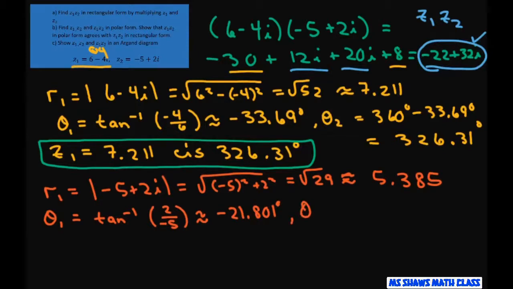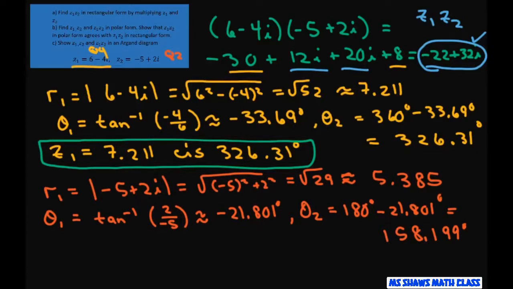Since this is in quadrant 2, we're doing the reference angles here, so we take 180 minus 21.801 degrees, which equals 158.199 degrees.